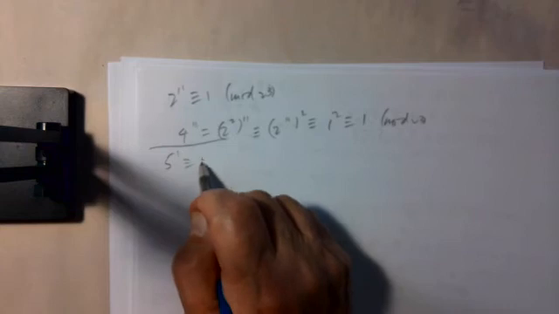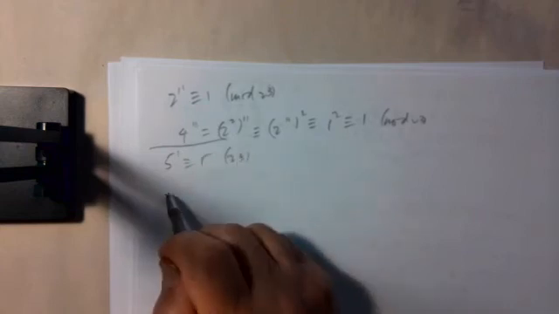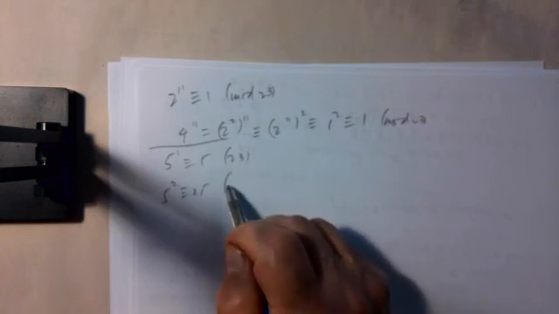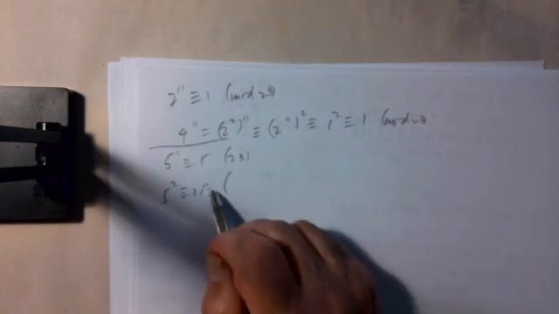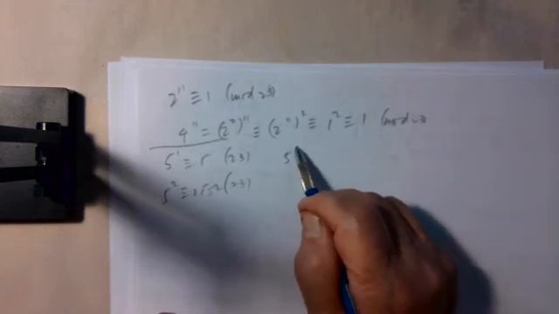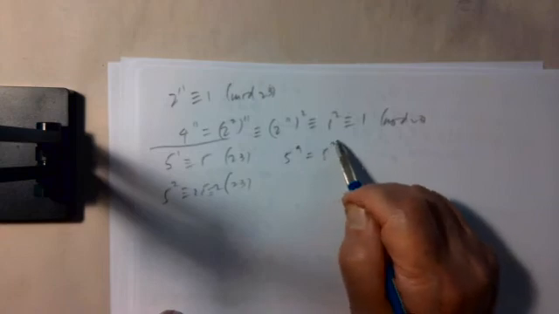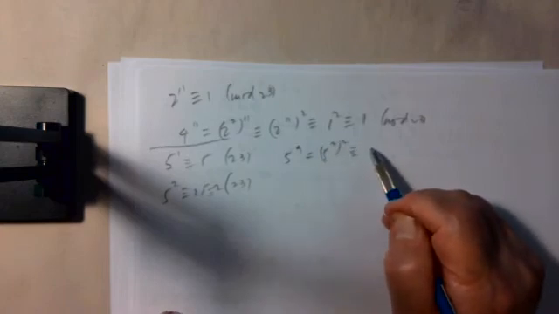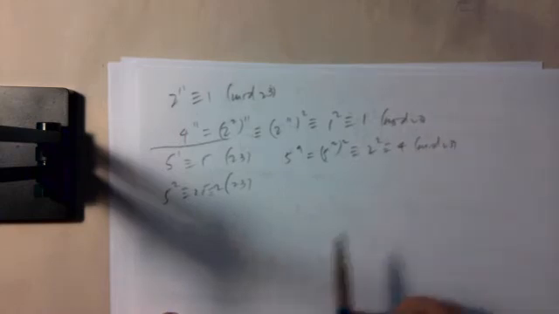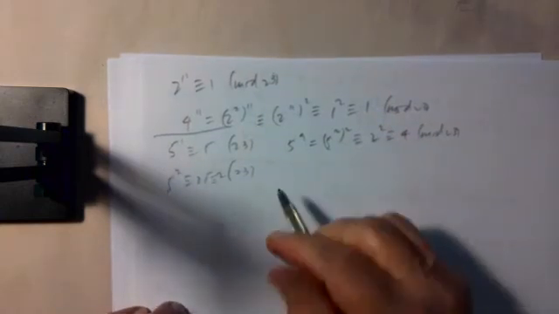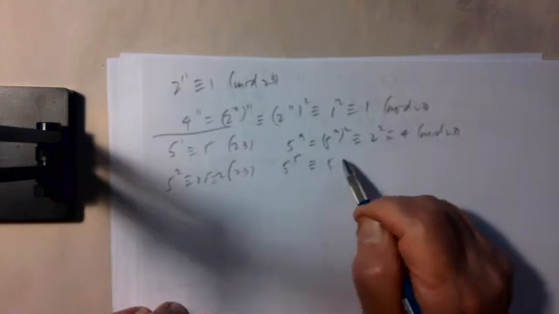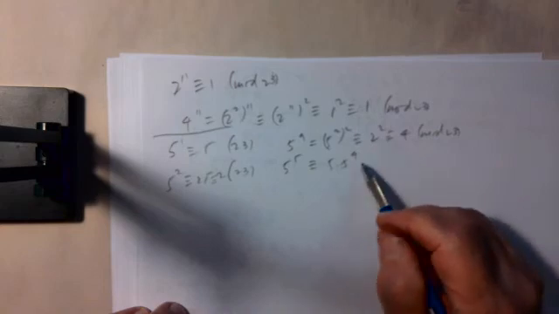5 to the 1st power is congruent to 5 mod 23. 5 squared is 25, which is 2 mod 23. That means 5 to the 4th is 5 squared squared. That's 2 squared. That's going to be 4 mod 23. 5 to the 5th is 5 times 5 to the 4th.